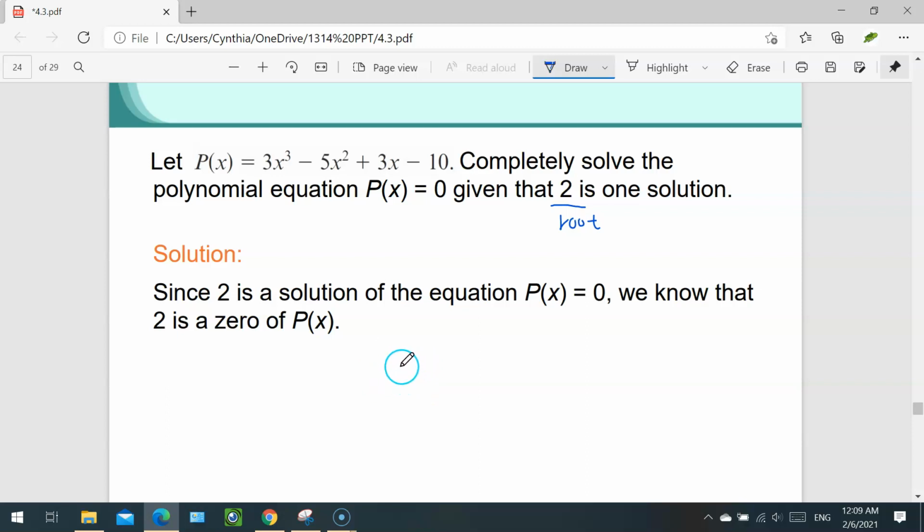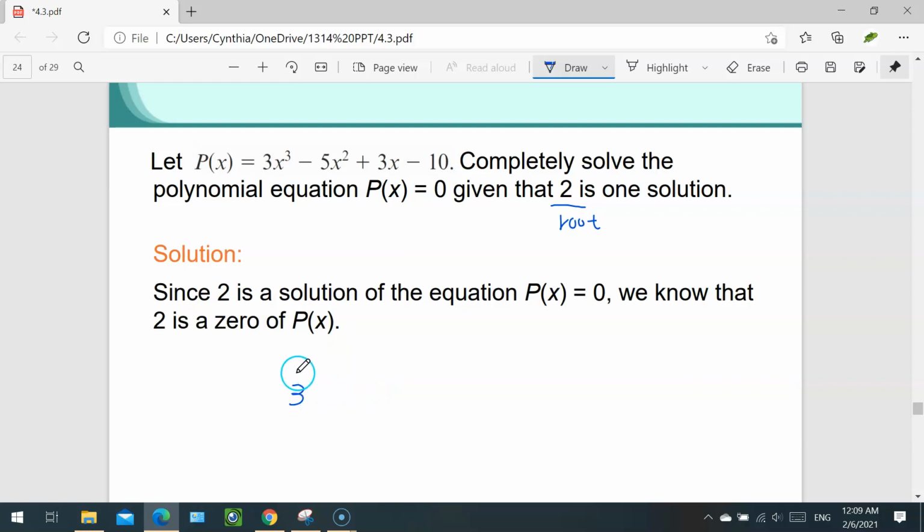Now I'm going to use synthetic division to break down the function into small pieces by using the root 2. The way I compute the work, I write down the numerical terms of the polynomial function.